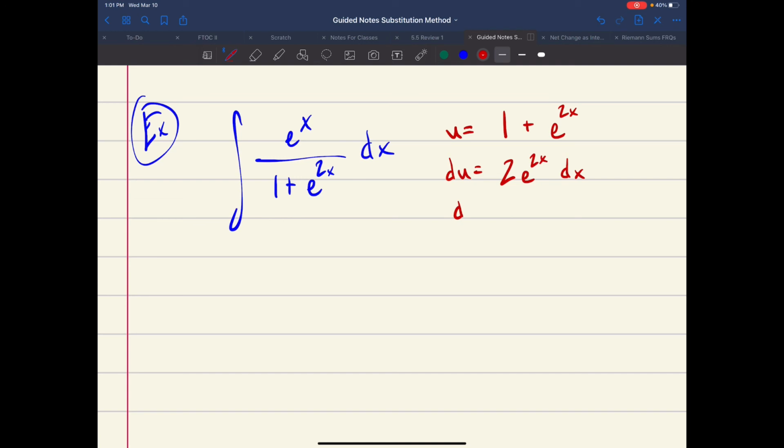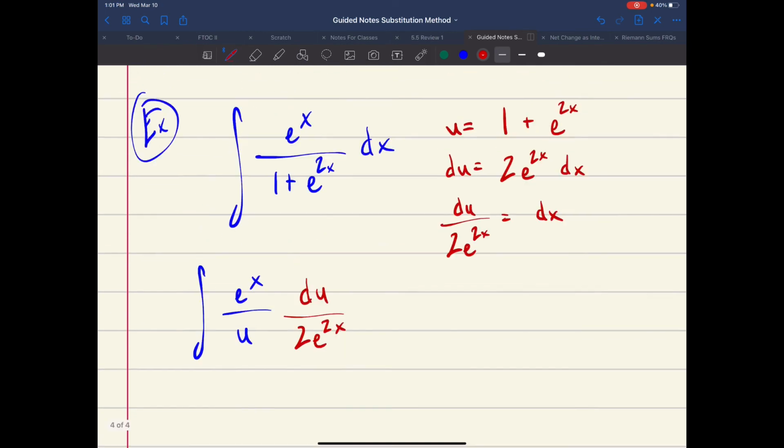Solve for dx and replace. So this is what we'd have here. It's going to be the integral of e to the x, and I already chose this to be u, and then I'm replacing dx with du over 2e to the 2x.